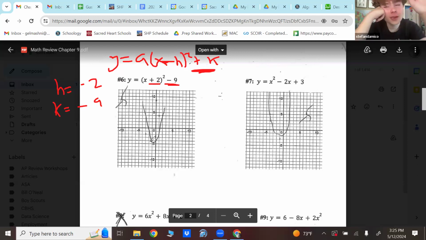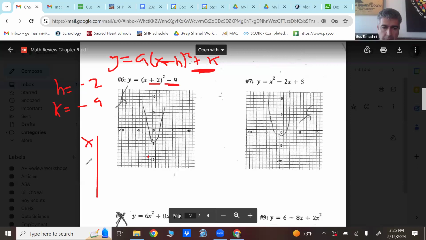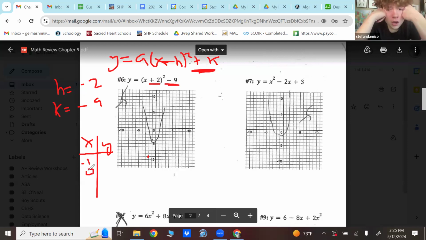So you see your graph is not even close, obviously. No, I just wrote that down. I didn't have time to do anything else. And then again, just make a table. Plug in values close to the vertex. We could plug in 0 also, might be a good idea. So I'll do 2 points to the right of -2 and 2 points to the left of -2.